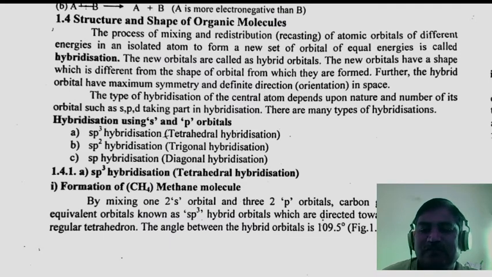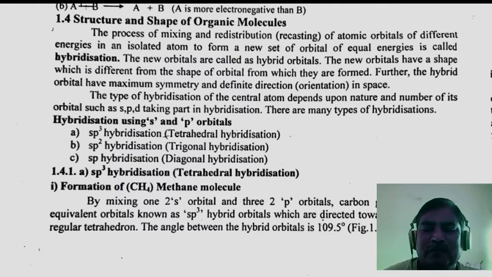This is the sp3 hybrid orbital, and this hybridization is also called tetrahedral hybridization. The second type is sp2 hybridization, also called trigonal hybridization, and the third one is sp hybridization, also called diagonal hybridization.